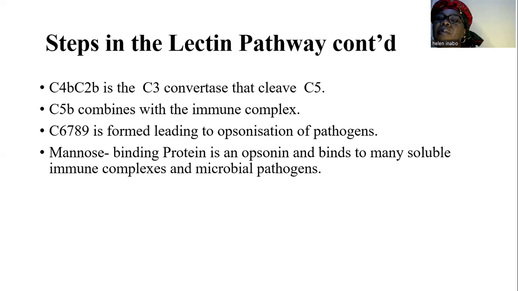Now, it is also important to explain what opsonization is. The components that have bound to the surface of the microbial cell make them more attractive to neutrophils and macrophages for phagocytosis.